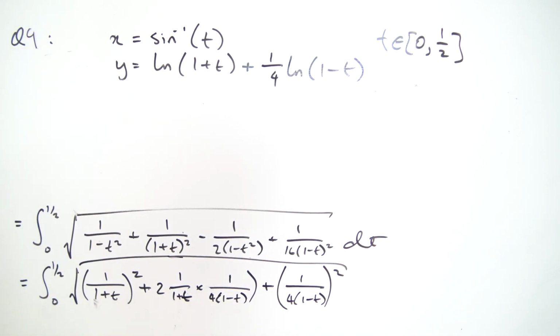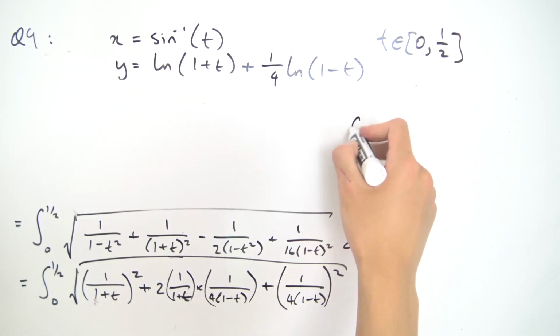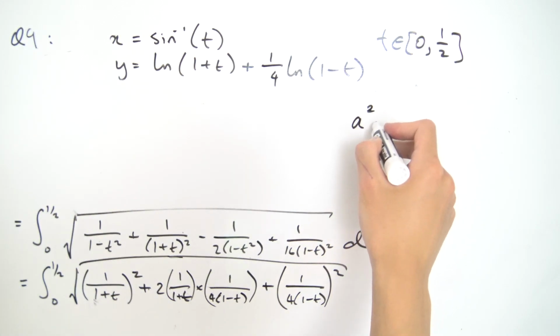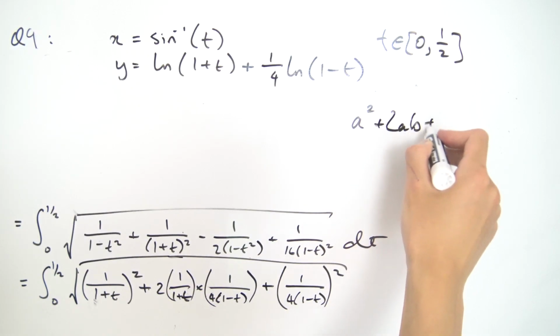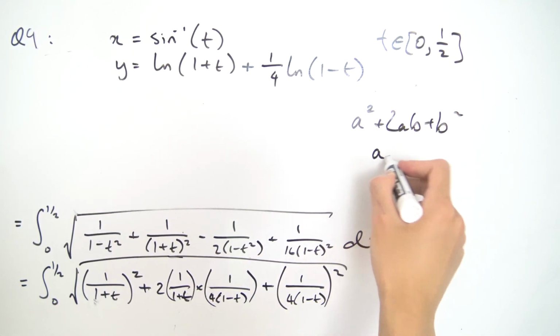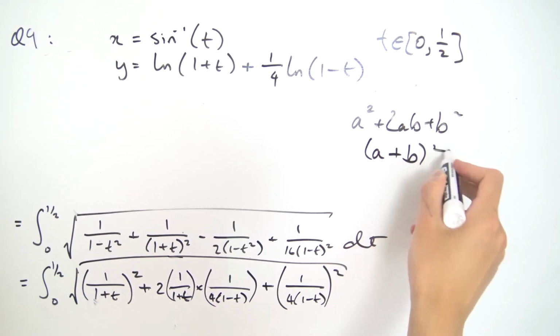So hopefully you agree with everything so far. So this is 2 times this times that. And notice this factor is the same as what we have inside the square term, and this factor is the same thing as what we have in here. So in fact we have something squared plus 2 times these two multiplied together, plus the latter thing squared. And this is exactly the binomial theorem, so a squared plus 2ab plus b squared, you can simplify this down to a plus b, but the whole thing squared.